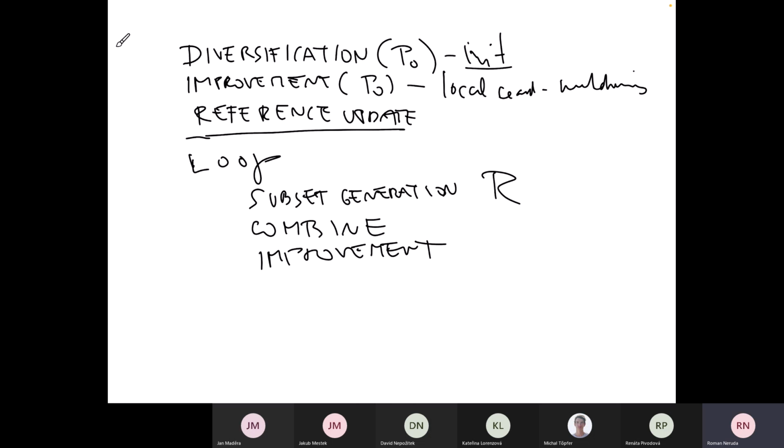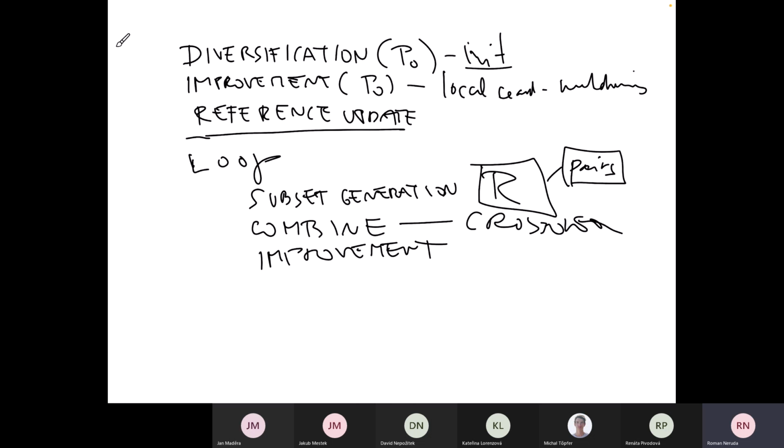So basically, we're using the reference set to generate the individuals. Usually we're generating pairs at random from the reference set. The combination is a crossover. And the improvement is, again, the mutations, right? Then we're doing the reference update.